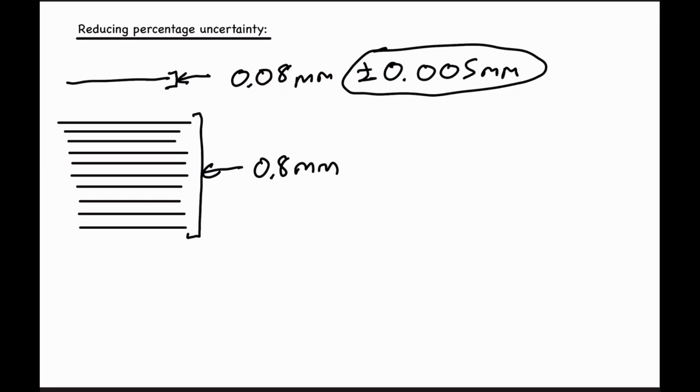And remember, because we're stuck with the same measuring devices and techniques, we're probably going to have the same absolute uncertainty, plus minus 0.005 millimeters.